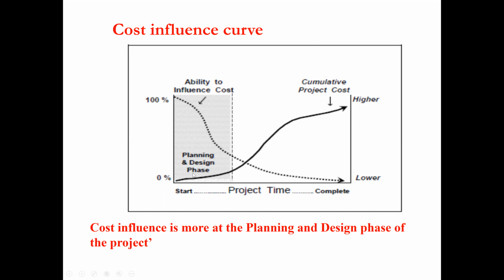We can change the project, so our ability to influence the cost is greater. The cumulative curve goes this way, showing the cumulative project cost, lower and then higher until completion. But the ability to influence or change the cost of the project is at its maximum in the beginning stage, the planning and design phase.